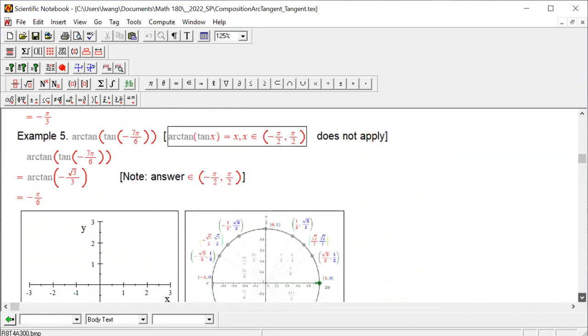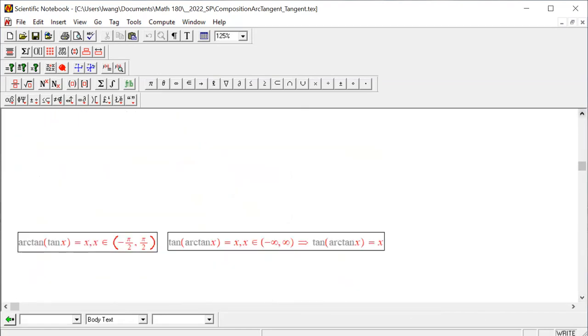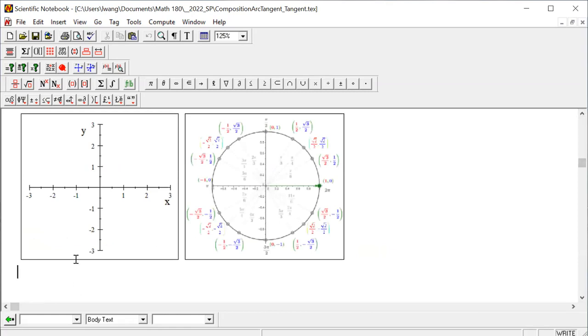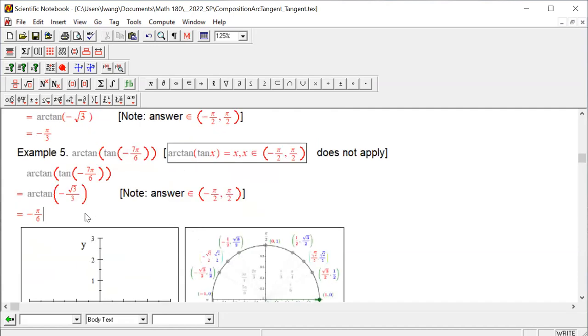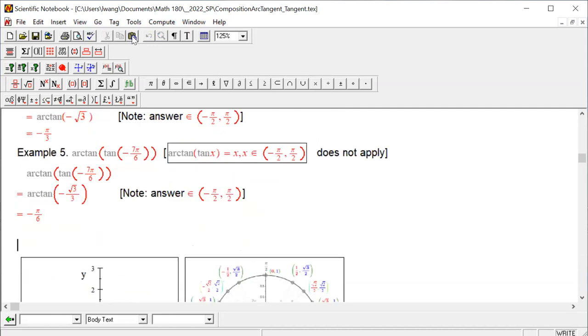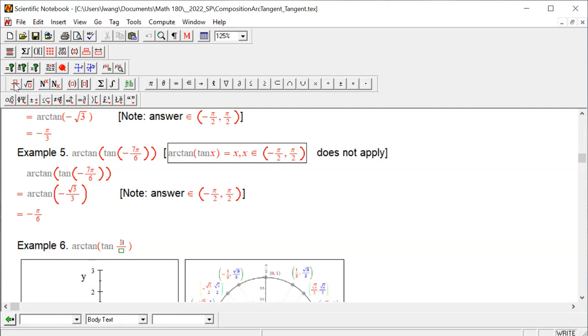One more example. This should be example number 6. In this case, we have arctan of tan of 11 pi over 6.